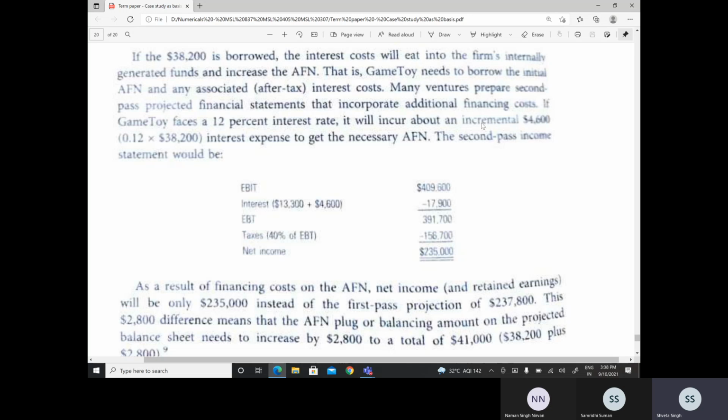Many ventures prepare second pass projected financial statements that incorporate additional financing costs. If Game Toy faces a 12% interest rate, it will incur about an incremental $4,600, or 0.12 times 38,200, interest expense to get the necessary AFN.